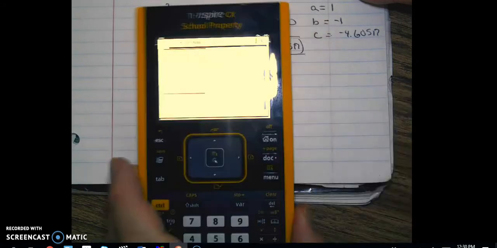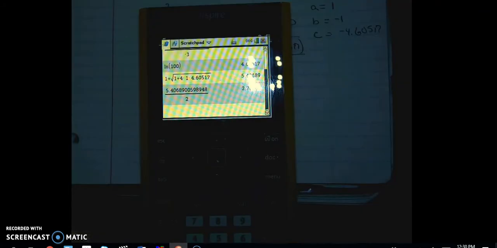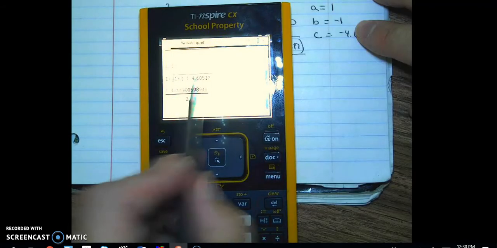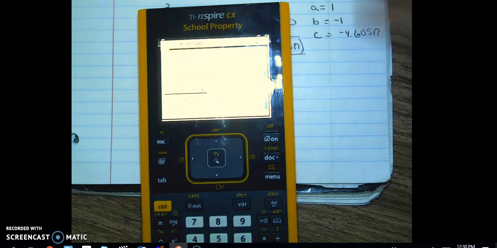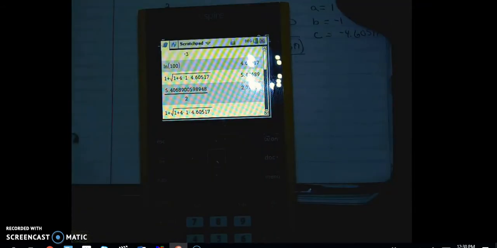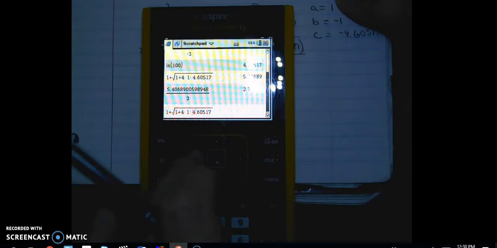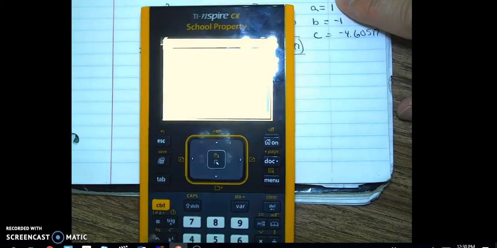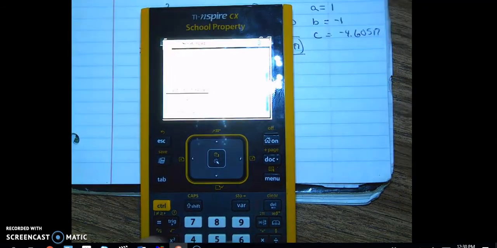Now remember, that's when you do the addition. To get the other answer, I'm going to go up and highlight this equation, press enter, and go in here and change the plus to a minus. Sorry, it keeps going out of focus.